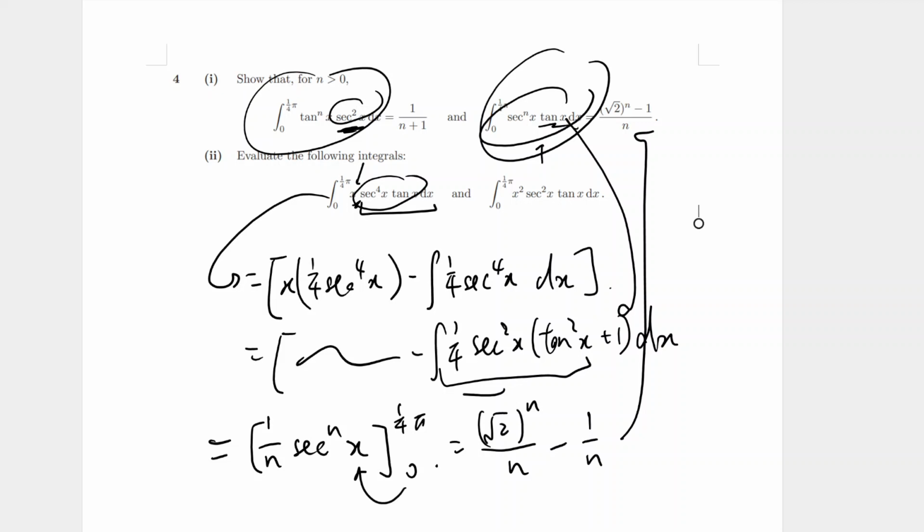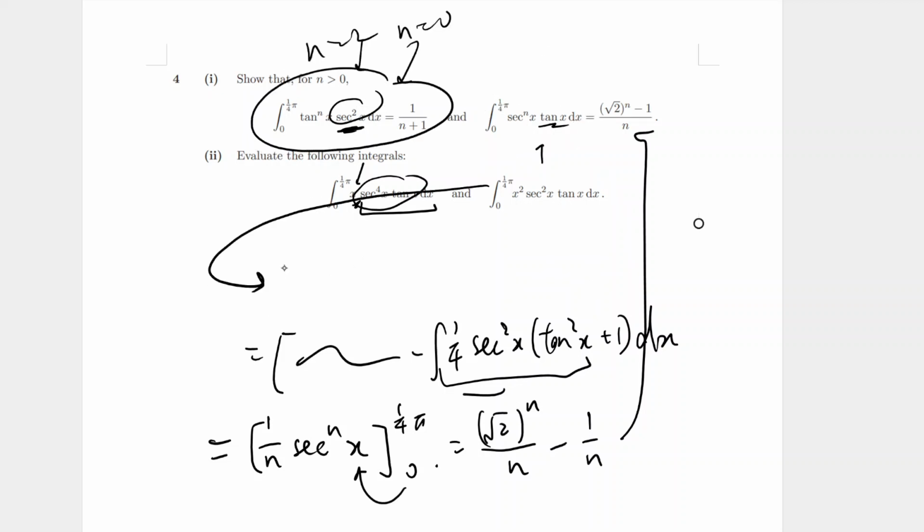Okay, now let's go for the next one. Well, the next one's sort of the same thing. We have x squared this time instead of x, so maybe by parts twice would be a sensible idea. Let's try that. So that equals x squared times what? How do I integrate this?